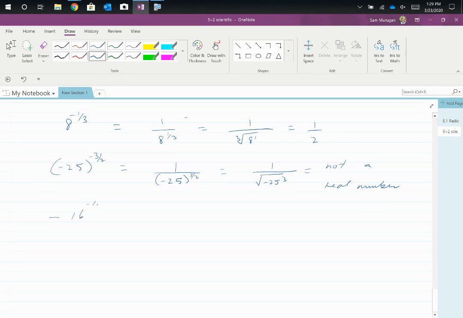Next, -16 to the power -half. Again, we make it into a reciprocal. It becomes 1 over 16 to the power +half. The power is 1. The root is 2. So we're taking the square root of 16, which is 1 over 4, negative.